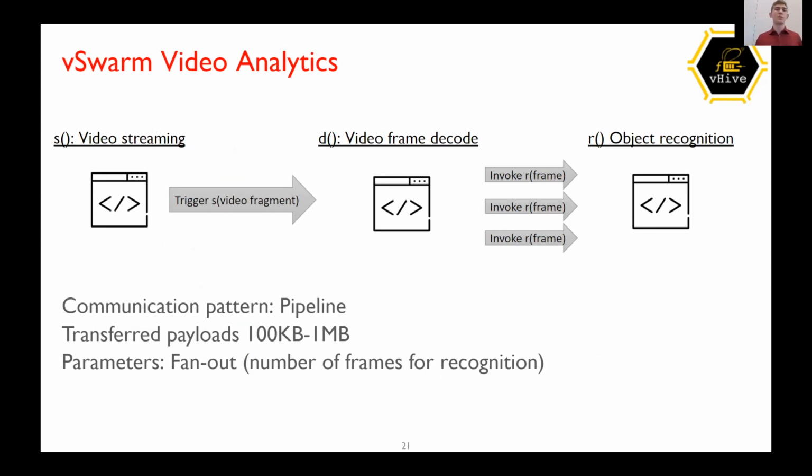The transfer uses S3 buckets, because you can't pass big payloads directly through functions. So each function will upload to S3, and then the next function will download again. What the actual application developer would need to do is only write these 3 functions, and then all the communication, etc., would be taken care of by the provider.